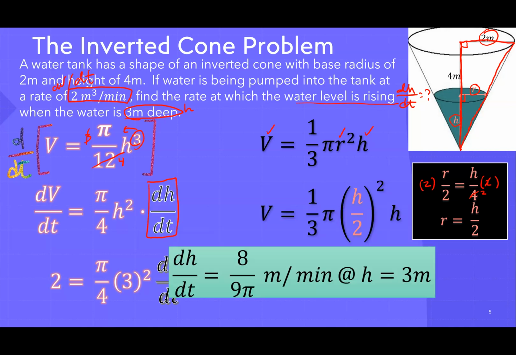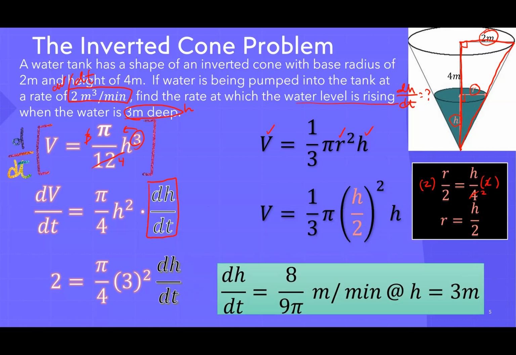Solving for dh/dt, we have dh/dt is equal to 8 over 9 pi, and the unit would be meter per minute. So the water is rising at the rate of 8 meters every 9 pi minutes when h has already gone up to 3 meters high.